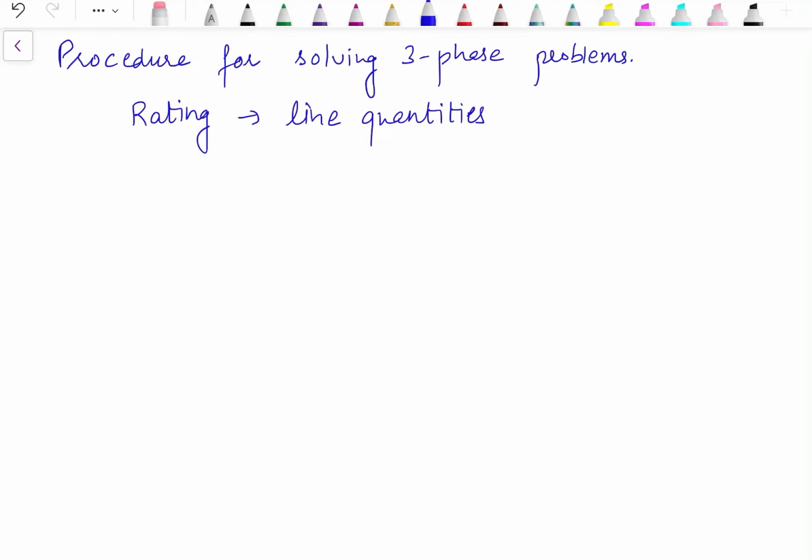And if a three-phase star connected system has a phase voltage of 400 volt, then we have to take that as phase voltage. Otherwise, if it is not mentioned, then we have to take that as line voltage.